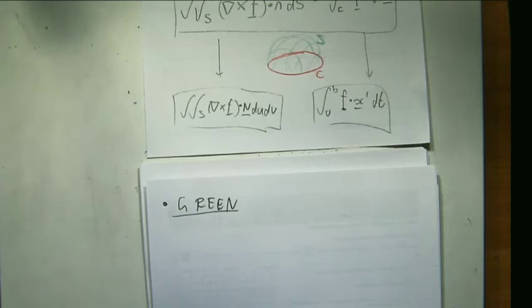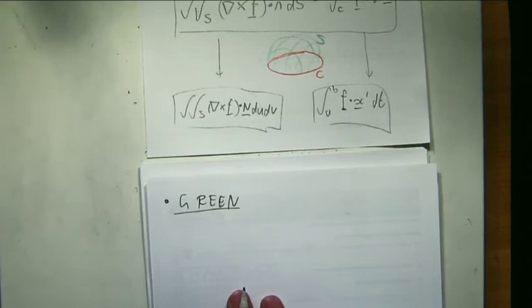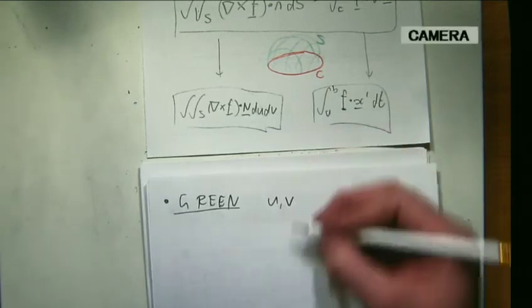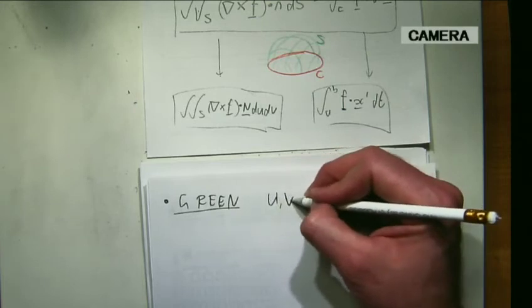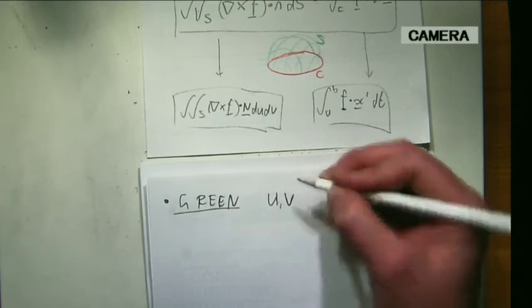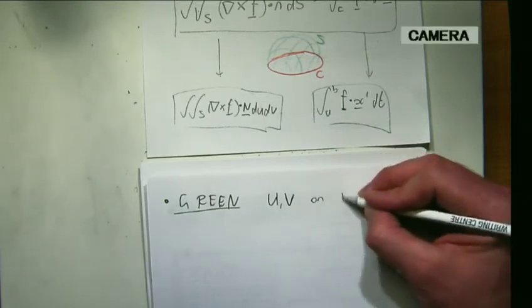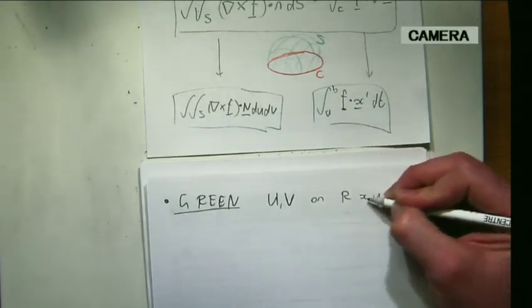But what I have is a function that is, yep, rightio. I would love to do it in terms of a function, but that's not how it's written in your notes. In your notes, it's written like this: capital U and capital V, continuous functions on a region defined in terms of x and y.